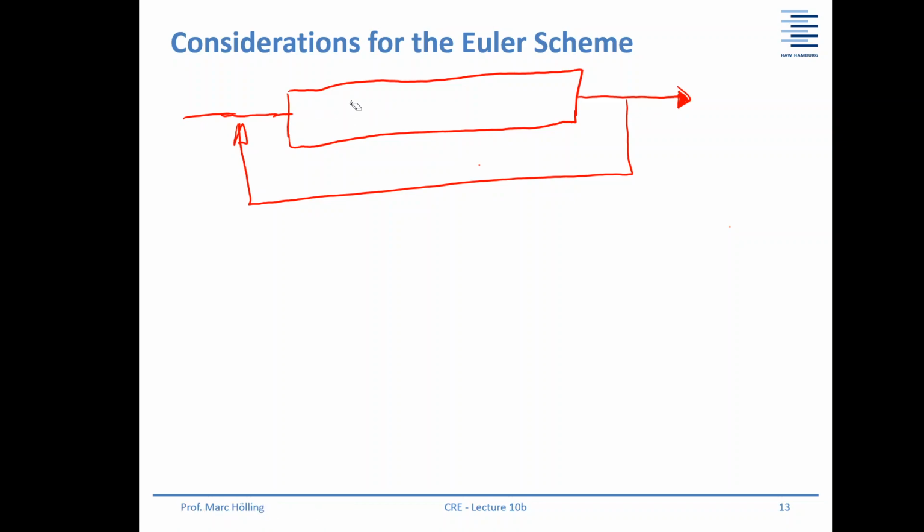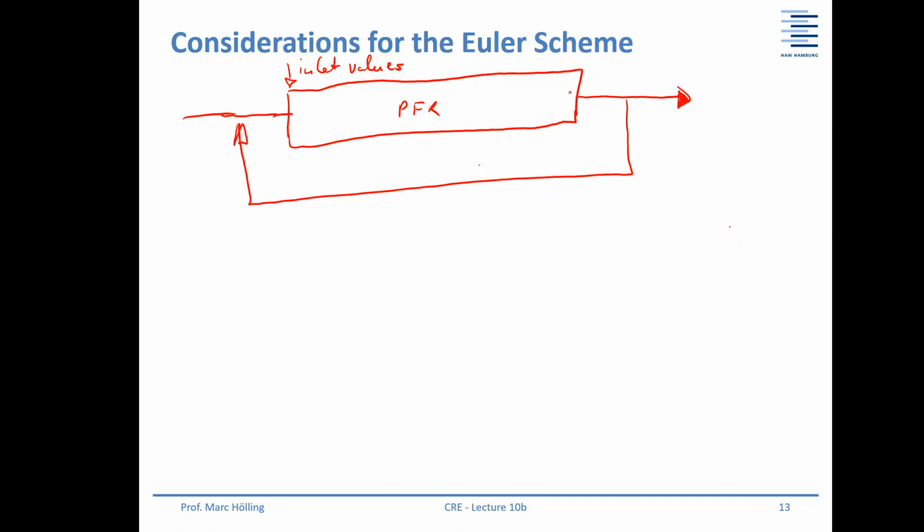What I said, okay, this is basically a plug flow reactor, and I start here with my initial values or inlet. Here I calculate my inlet values and then I'm just using the Euler Scheme for the calculation inside the plug flow reactor.